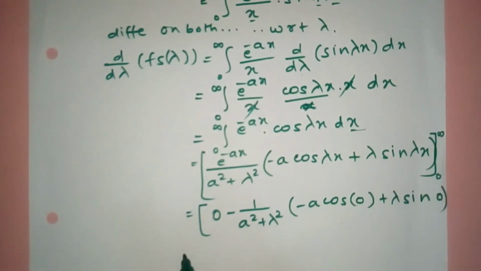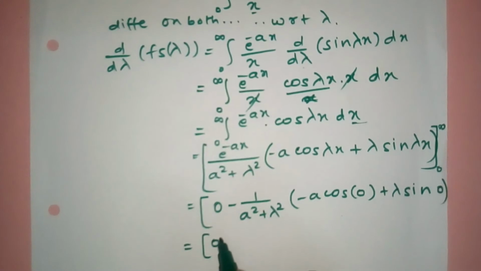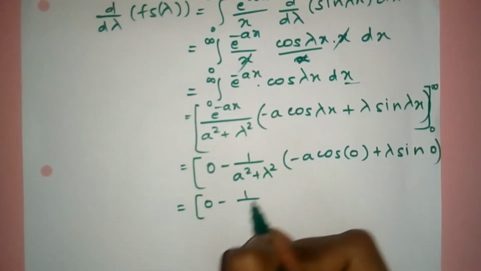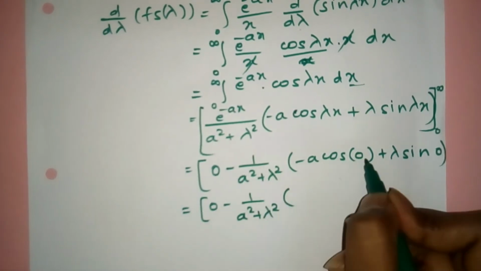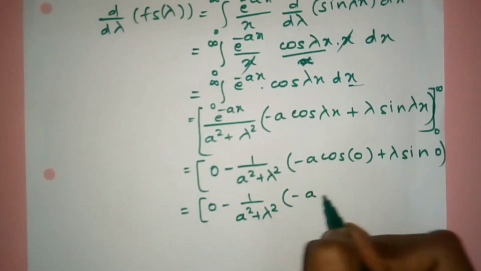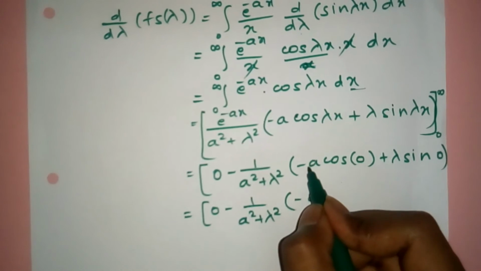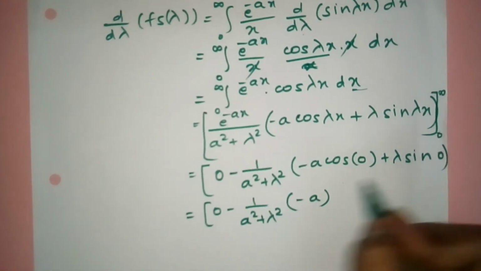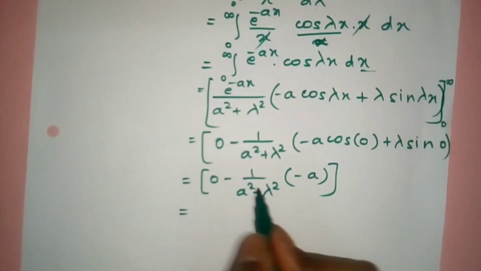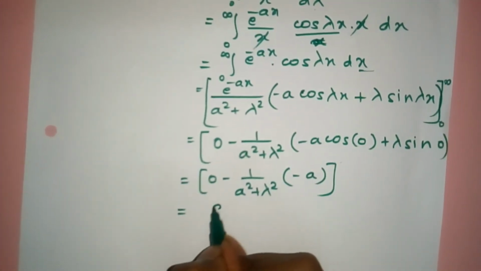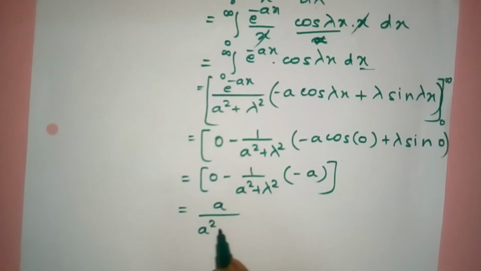Then what remains is 0 minus 1 upon a square plus lambda square, then cos 0 is 1, so minus a, and this entire second thing becomes 0 because sine 0 is 0. Then what remains is a upon a square plus lambda square.